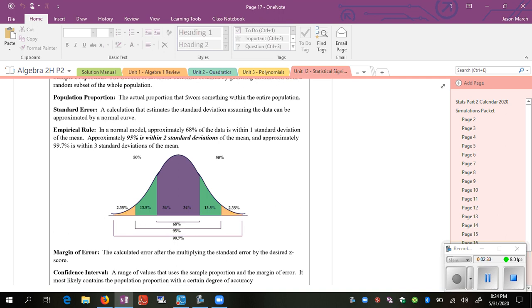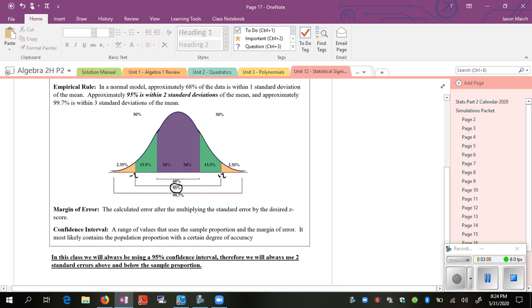The biggest detail is that if I go 2 standard deviations to the left and 2 standard deviations to the right, so z-scores of -2 to +2, we end up with 95% of the data. We're going to use that to create an estimate that is 95% accurate of what the actual proportion could be, and we'll explain that in a minute.